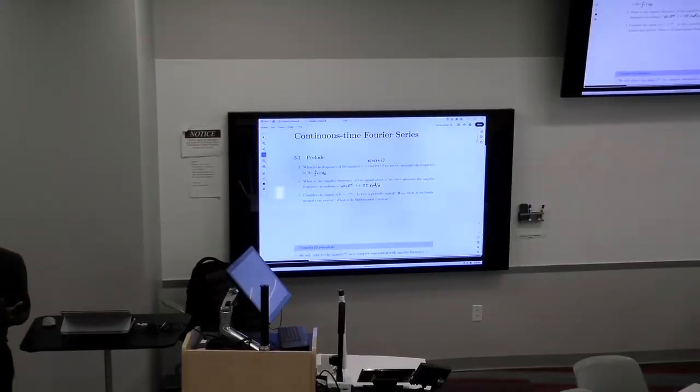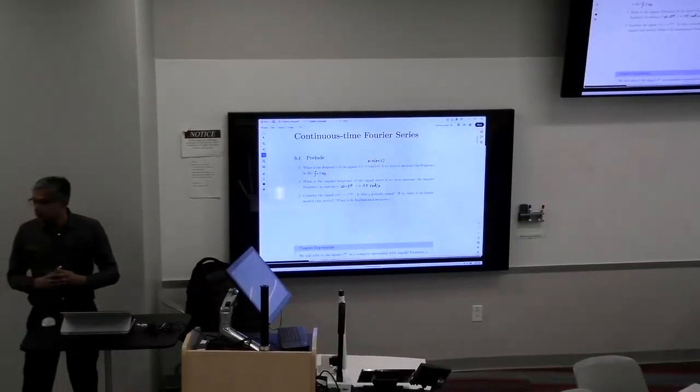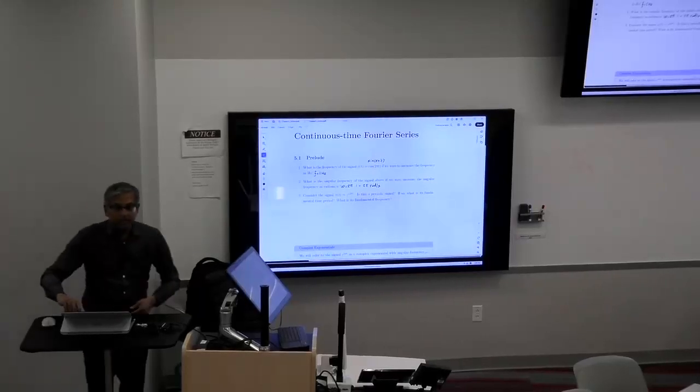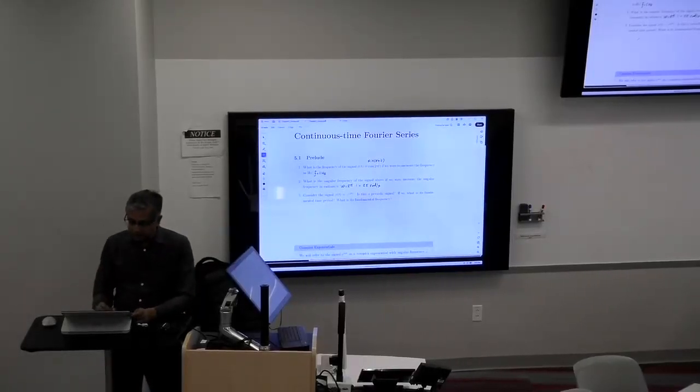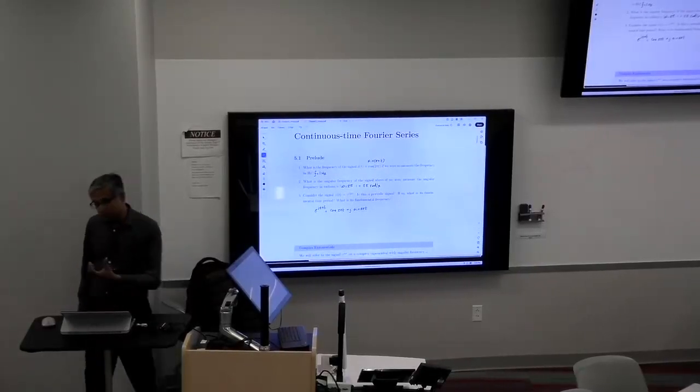So first of all, this is a periodic signal, right? Because e to the j 2 pi t is nothing but cosine 2 pi t plus j times sine 2 pi t. And each one of those terms is periodic.